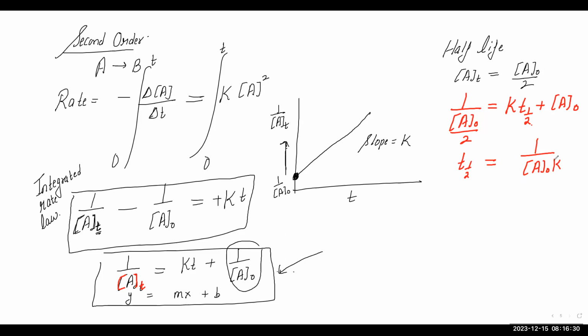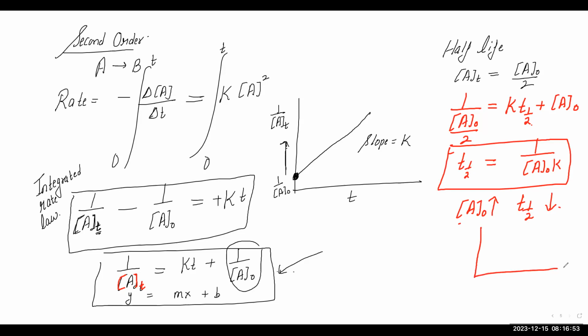Otherwise, no one is asking again. But it's fun how these equations are formed. They are not tough. Now, this is the equation. Answer my question. If A naught is more, the half-life is less.